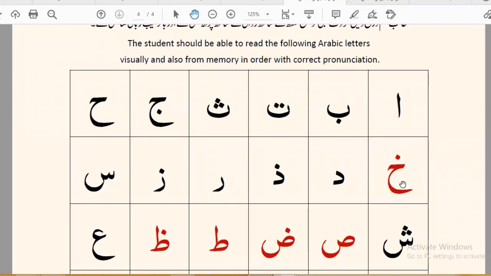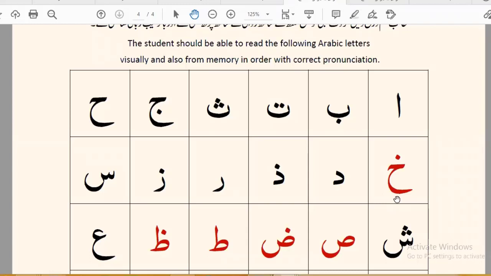Now the next letter over here, can you see it's highlighted in red? Excellent. So what does that tell us about this letter? Yeah, it's a thick letter. Well done. Because it's highlighted in red, it's telling us that this is a thick letter. So how are we going to pronounce it? Are we going to pronounce it with a smiling face or a rounded face?